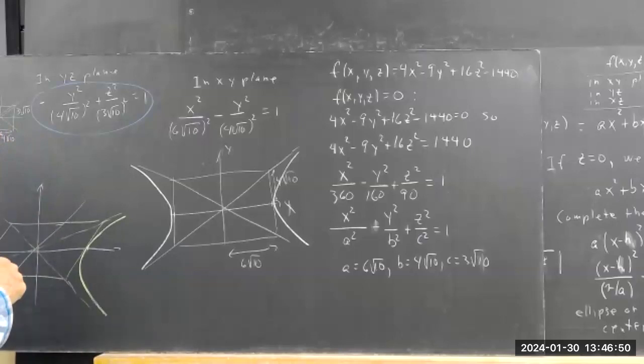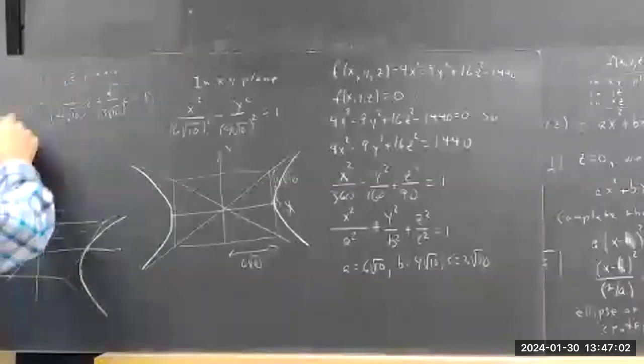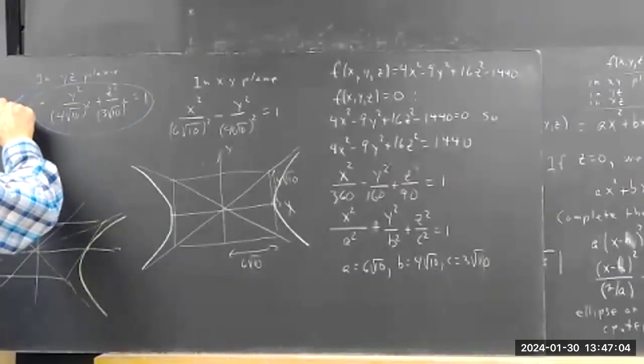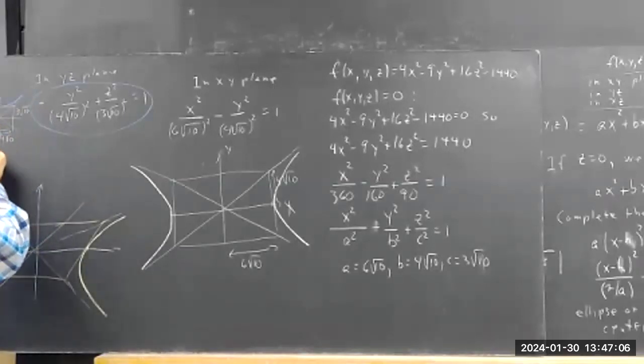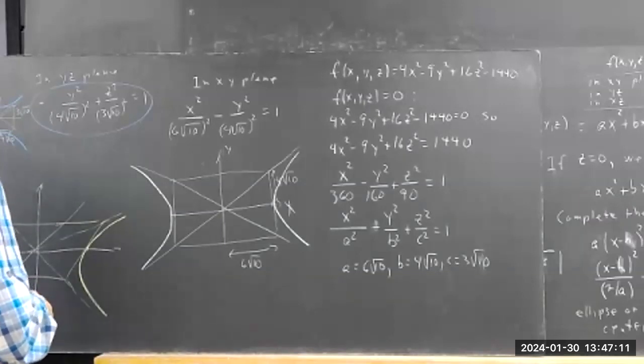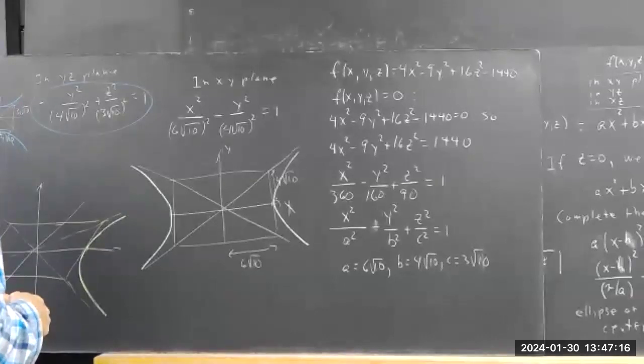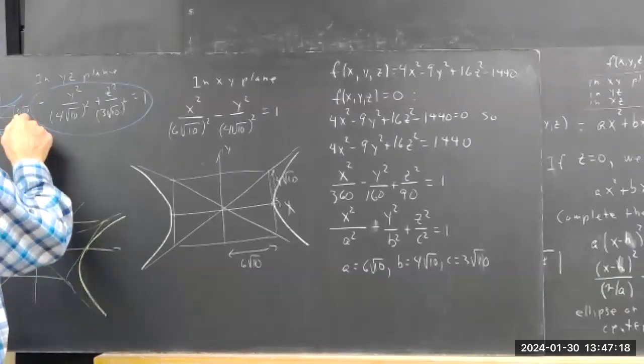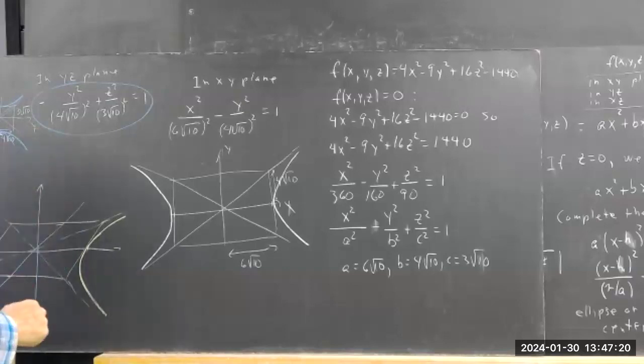Sorry. Y can equal 0, which gives you a Z. So that gives you the hyperbola here. Looks like I did something wrong here.